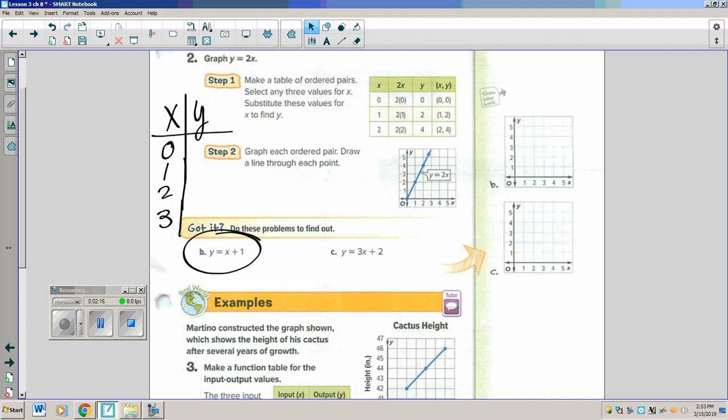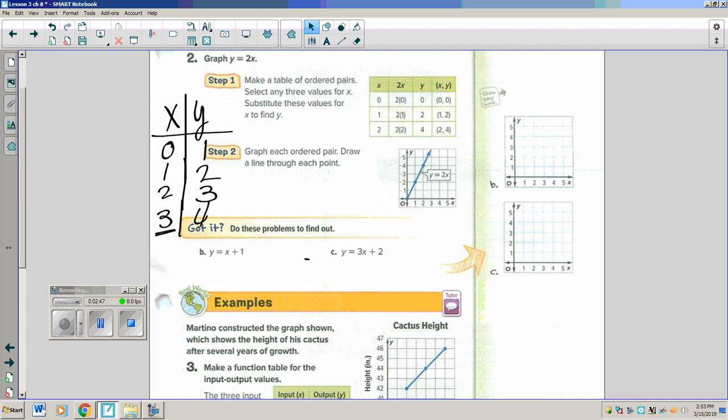Keep it simple. If x is 0, 0 plus 1 is 1. So y is 1. If x is 1, y becomes 2. If x is 2, I add it together, it equals 3. If x is 3, y is 4.